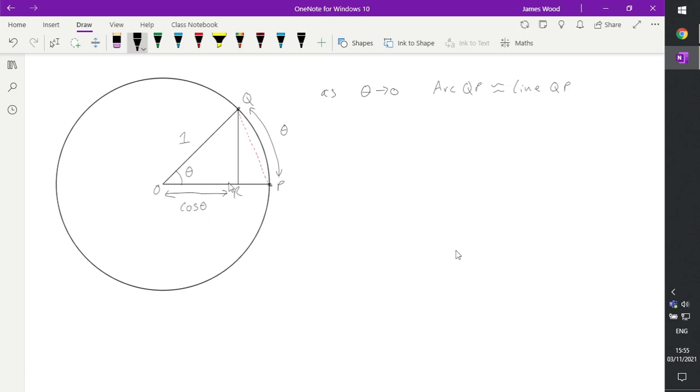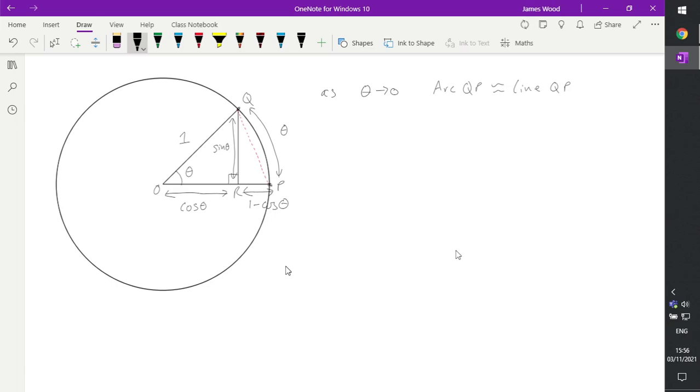Okay, if I have this as a right angle triangle here, I've got the hypotenuse and I want to find the adjacent. So that's going to be 1 cos theta, which is obviously just cos theta. This length here, this vertical one here, Q to R, that's going to be sine theta. Okay. Because again, this is the opposite and I've got the hypotenuse, so it's 1 sine theta for this length here. That means that this length in here, R to P, well, the whole radius is 1, and this bit's cos theta, so this is just going to be 1 minus cos theta.